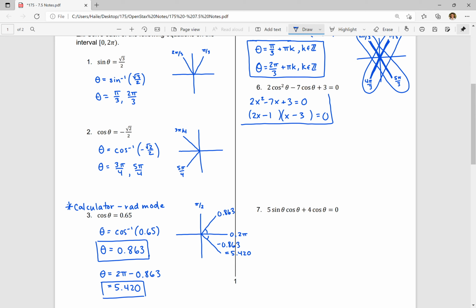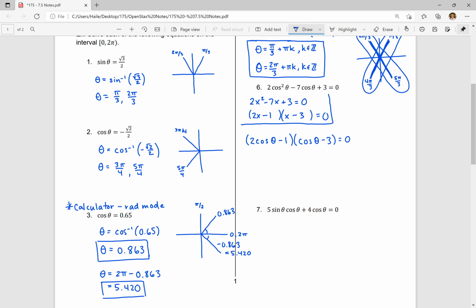If we're going to factor this equation with trig functions, it's going to be exactly the same as how we factored it with x's. The only difference is that cosine of theta is playing the role of x. So the way that we would factor this with the cosines in there is just 2 cosine of theta minus 1 times cosine of theta minus 3 is equal to 0.